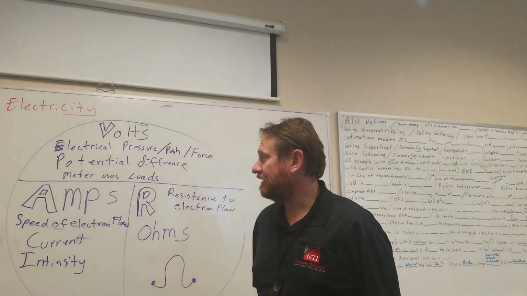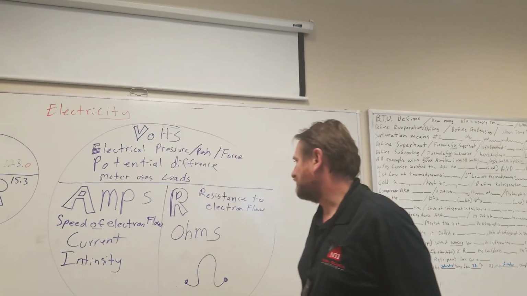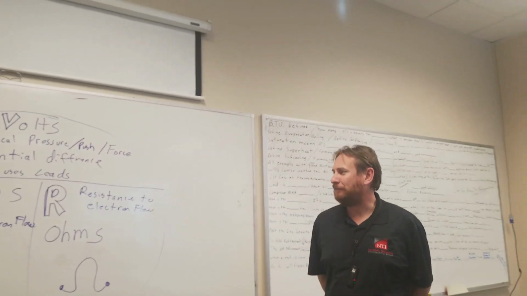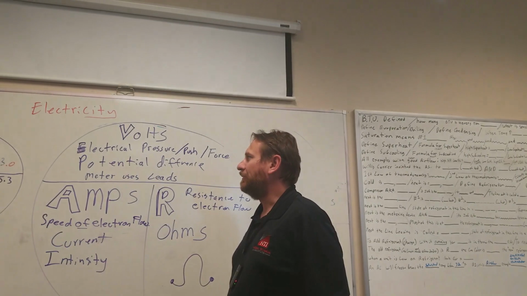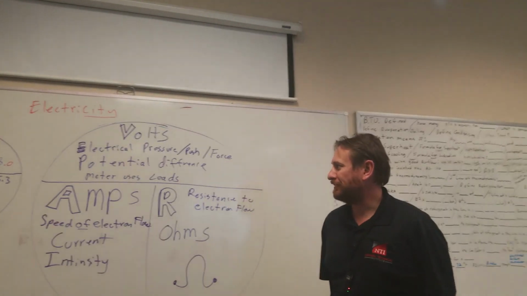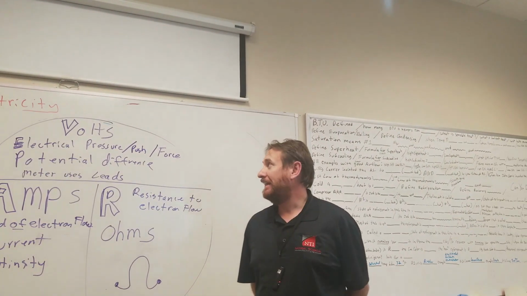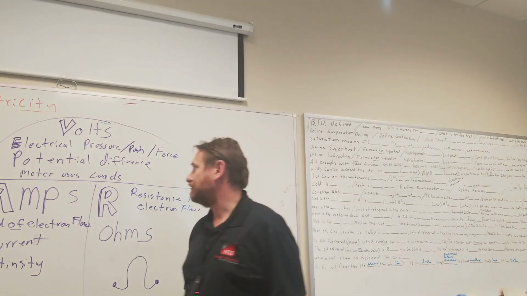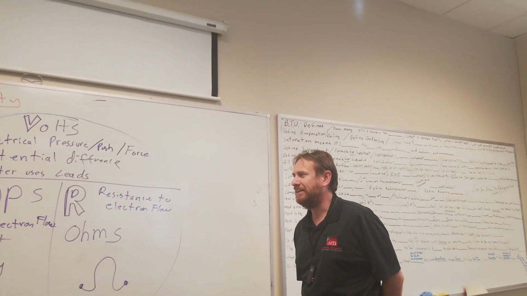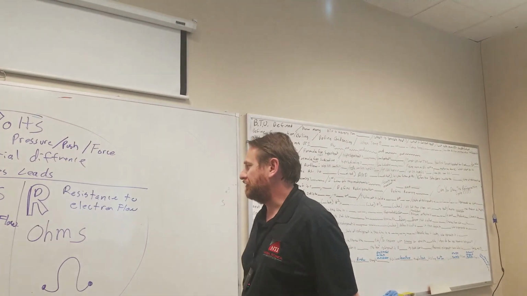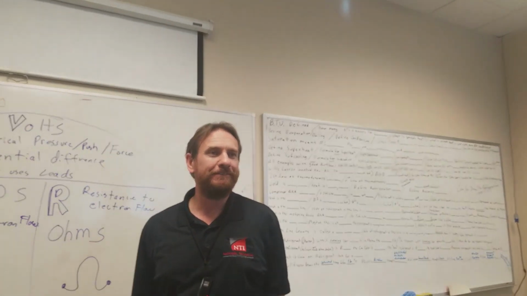Or you could also say R, resistance, ohms, multiplied by amps equals E, volts. Or you could say E, volts, divided by I, amps, equals R, resistance, ohms, omega symbol.